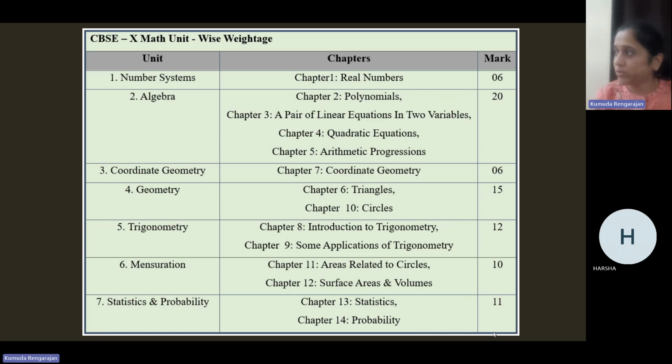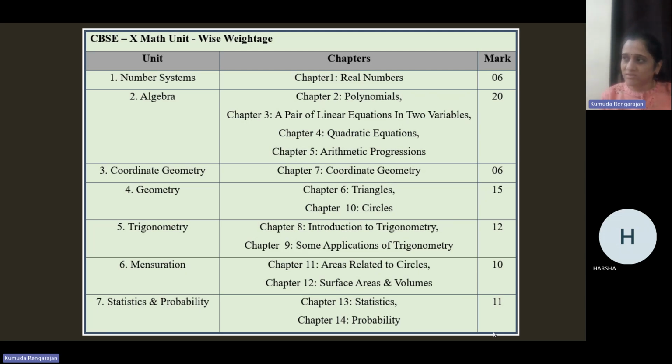Your board exam paper is for 80 marks. 20 is reserved by the school. So you get 20 marks from the school for all the internal assessments. That's again 5 into 4, 5 different heads, 5 into 4. So for those 20 marks, you need to keep your teacher happy, submit your work on time, maintain your classworks neatly, and do any project-based learning on time.